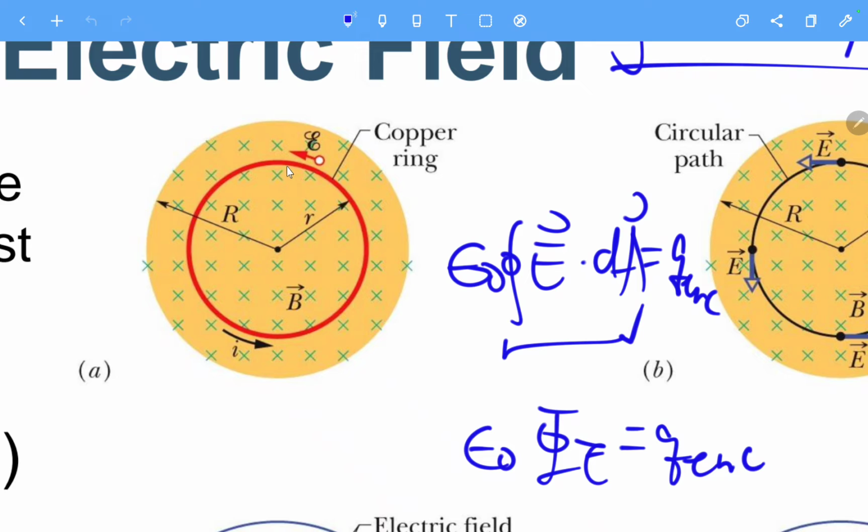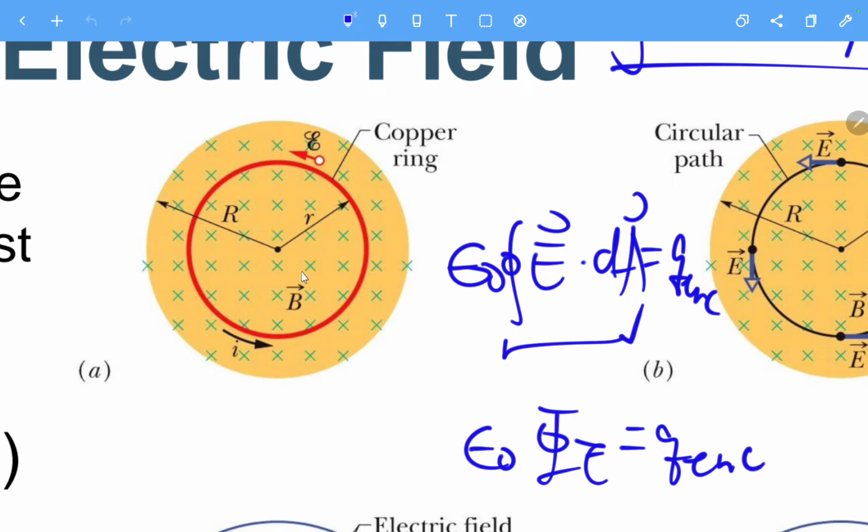Maybe we have a B field pointing into the plate. The red one is the copper ring, and here we have a magnetic field pointing into the page.